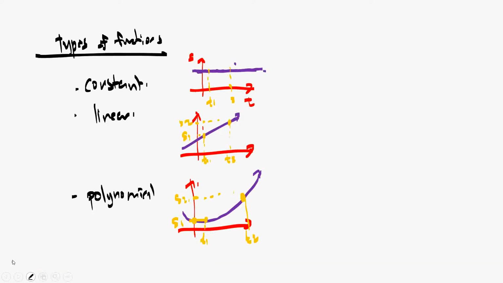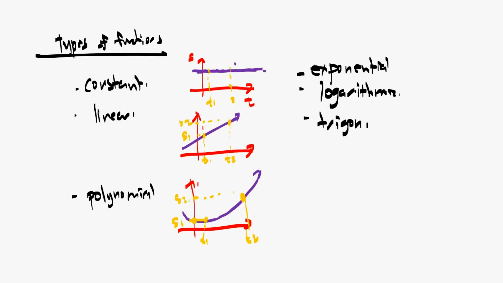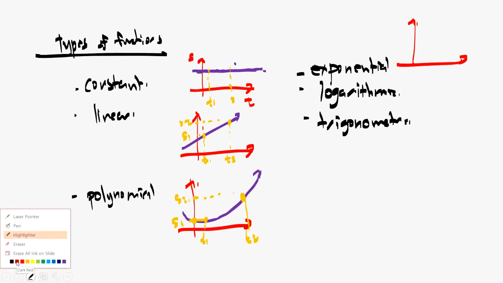And there are also functions like exponential functions, logarithmic functions, and trigonometric functions, which also have characteristics in terms of the graph. The exponential function is somehow the same as the quadratic, except that the rate of increase is much faster.